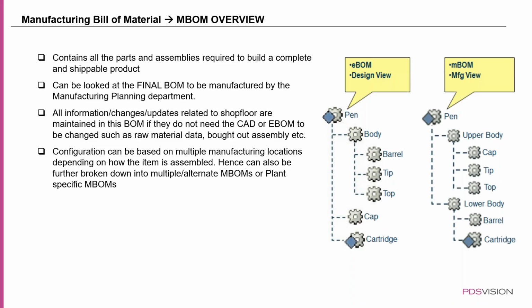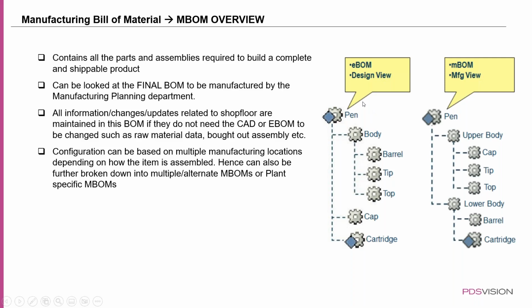So M bill of material is usually the actual or the final BOM which will be manufactured by the manufacturing planning department, and it contains all the parts and assemblies design required to build a complete and shippable product. It can be managed differently and can have its own change management. That means it can have its own changes or updates, information related to the shop floor, and you do not have to disturb the e-bill of material, the other design BOM.